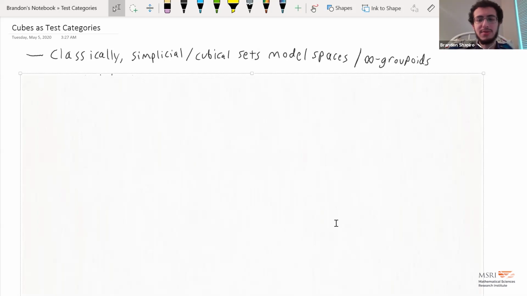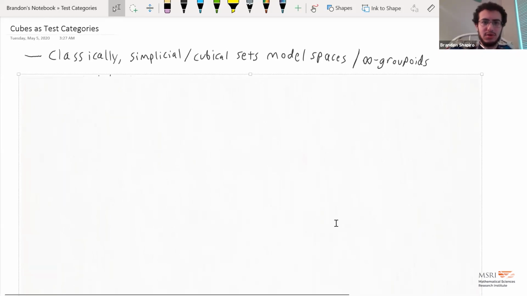And by the homotopy hypothesis, whether you believe it as a theorem or definition, that means that these combinatorial diagrams, simplicial and cubical sets, are a way of describing spaces or infinity groupoids. You can analyze how good or bad they describe infinity groupoids, but the fact that these categories are able to do so makes them very interesting.